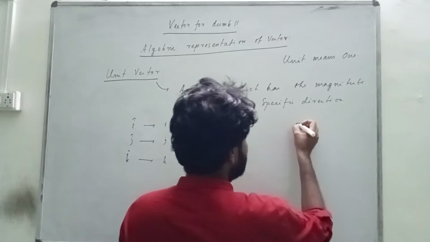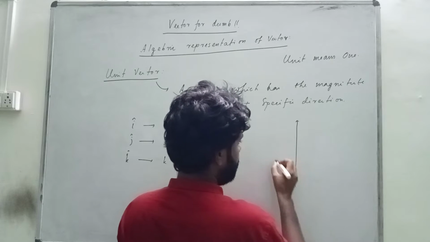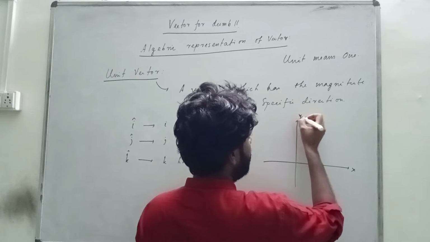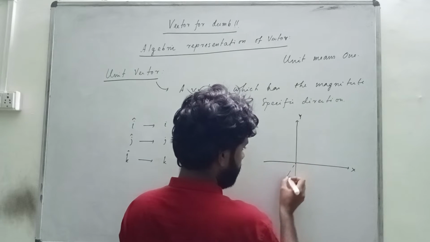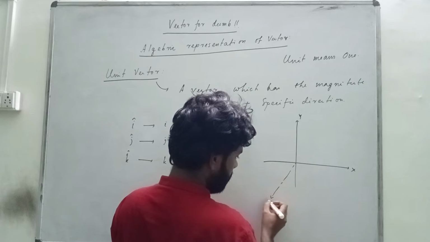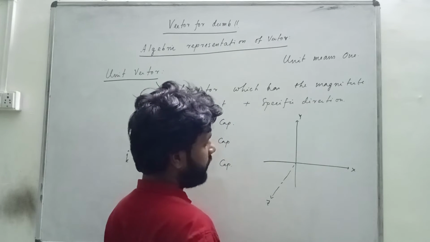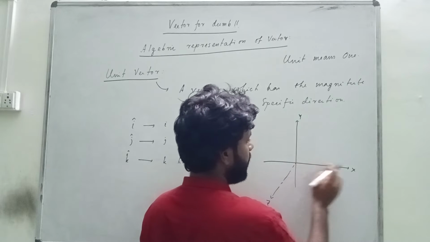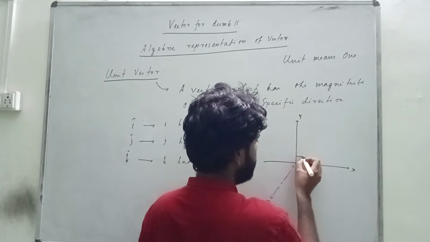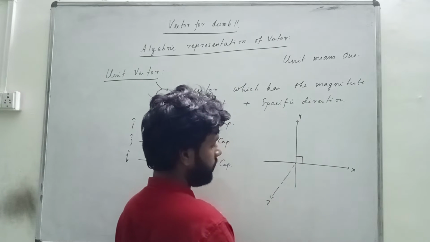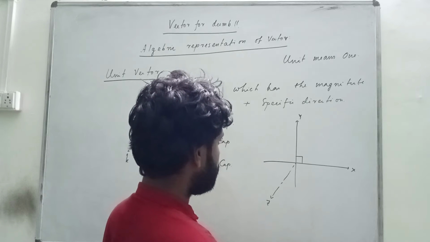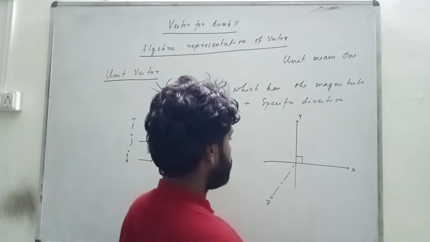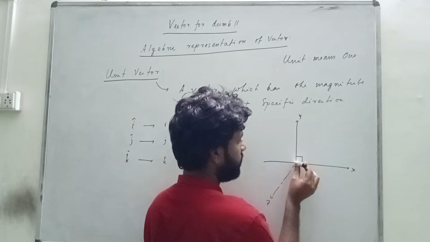So I'll just draw a coordinate system here. It's the x, it's the y, and it is the z, because z is perpendicular to both axes. x and y are at 90 degrees to each other, and obviously z is at 90 degrees to both x and y, like this. This is the z.